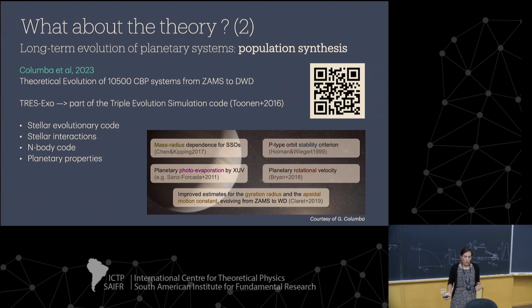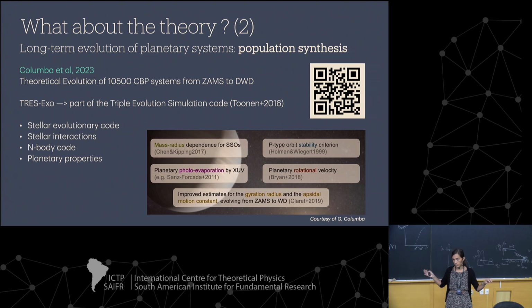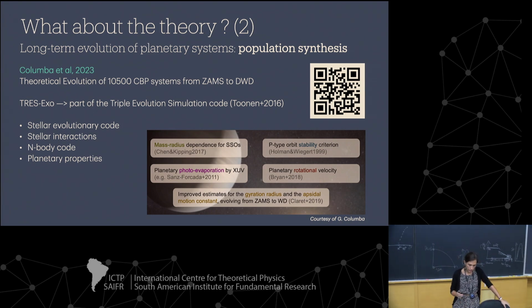So we used a triple evolution simulation code that was made for stellar triples, and we adapted it to planetary processes, because it was not made for planets; it was made for hierarchical systems with three stars, not two stars and one planet. We ran two different populations of 10,500 planetary systems to try to find a trend in what was happening to these exoplanets.